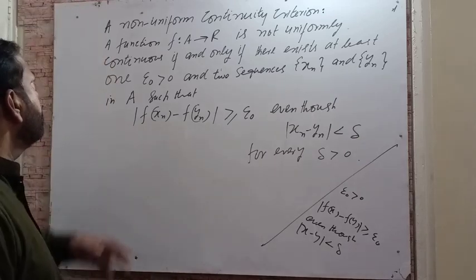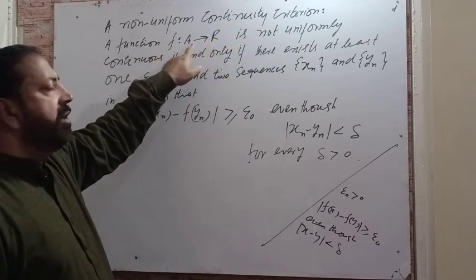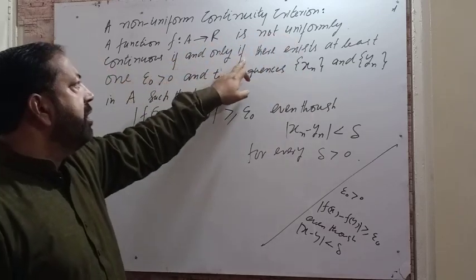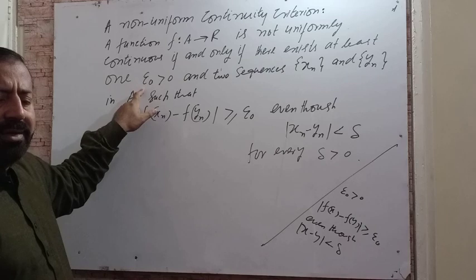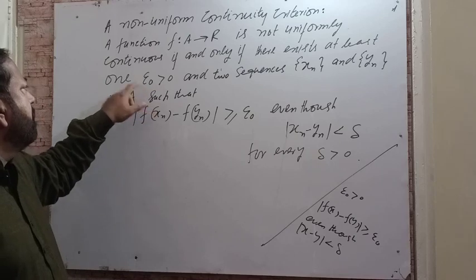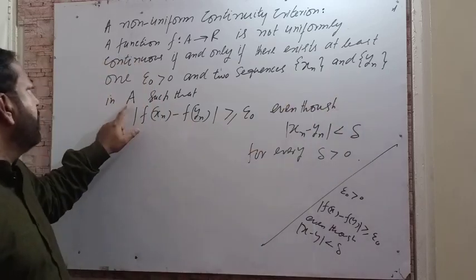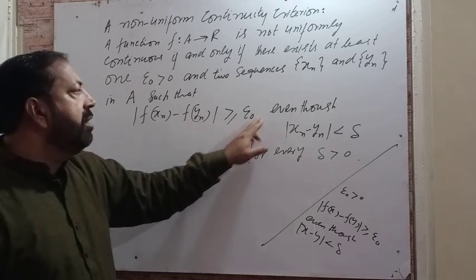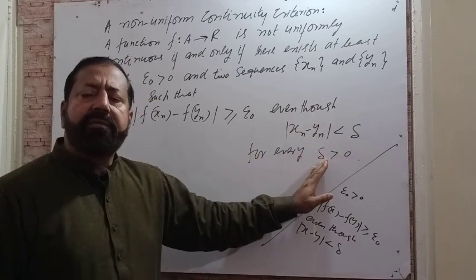So what is this? A non-uniform continuity criterion: a function f from A to R, where A is the domain, is not uniformly continuous if and only if there exists at least one epsilon naught, and two sequences x_n and y_n in the domain A, such that |f(x_n) minus f(y_n)| is greater than or equal to epsilon naught, even though |x_n minus y_n| is less than delta for every positive delta.